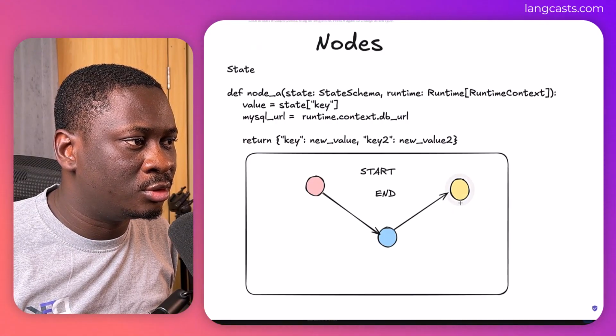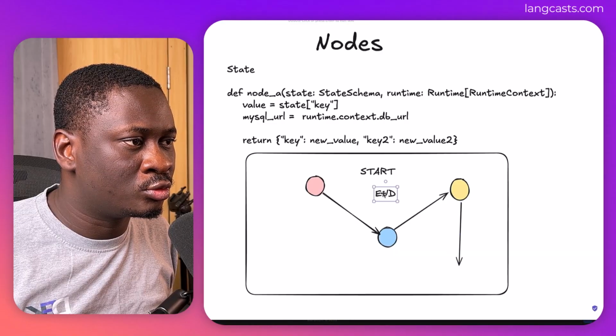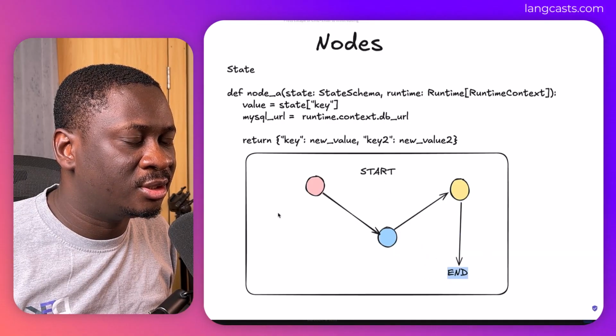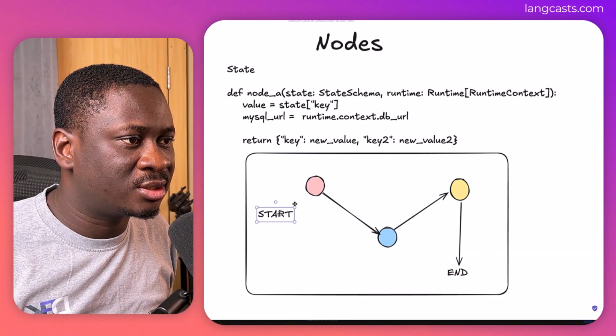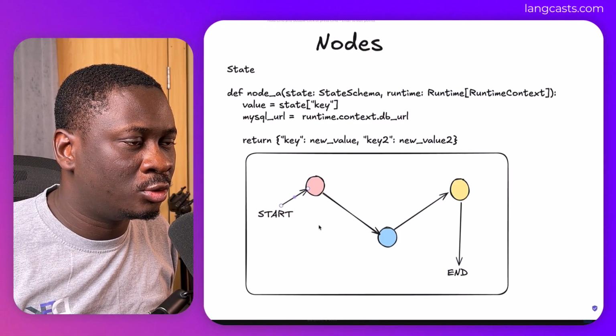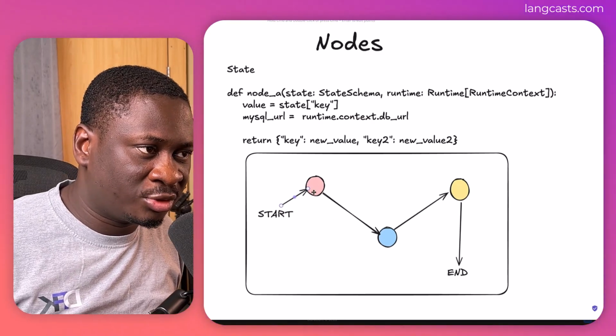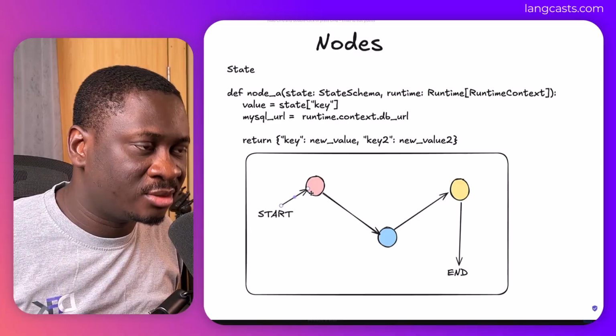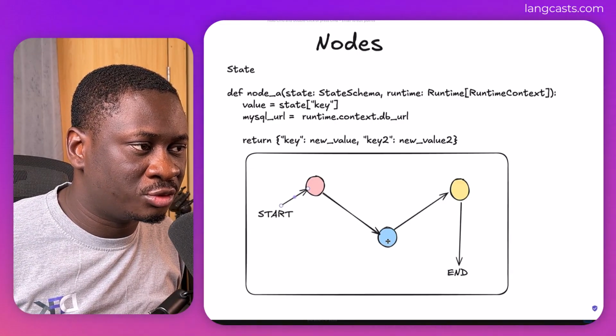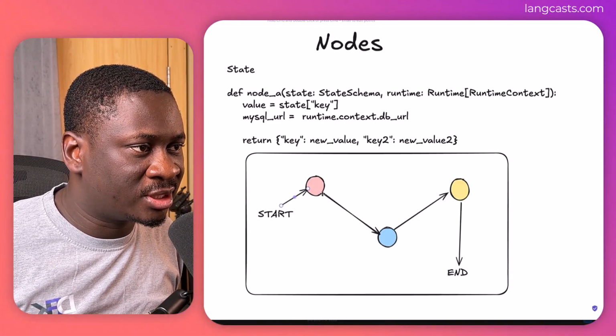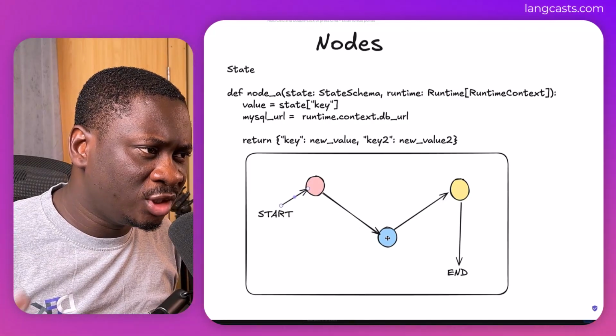So let's say start. For start, you go from start to this node. Then this node does its processing. It updates the state. Then LangGraph moves to the next node, which is connected to this first node with an edge.